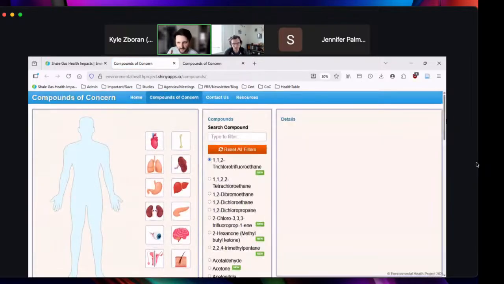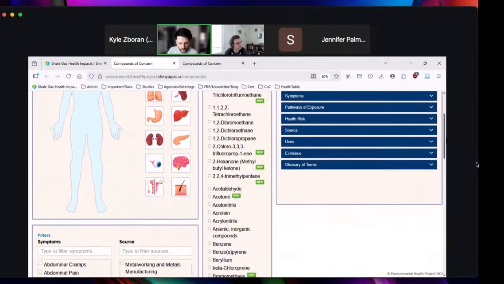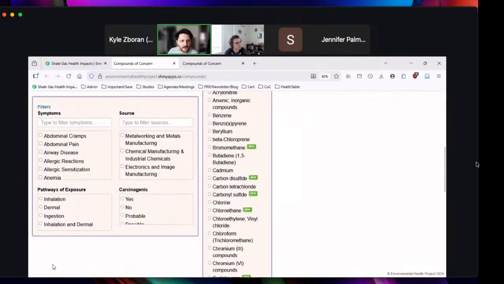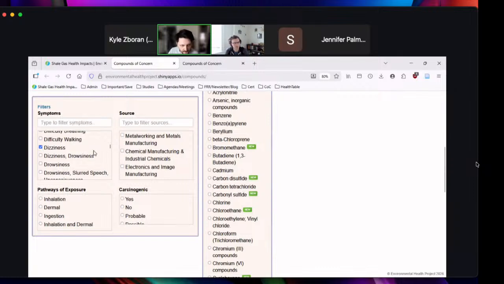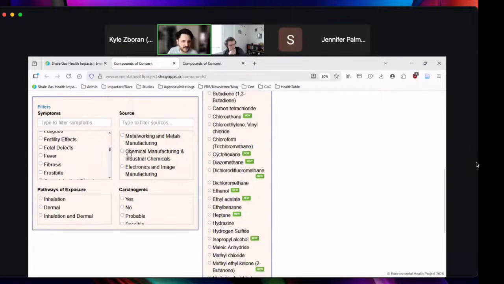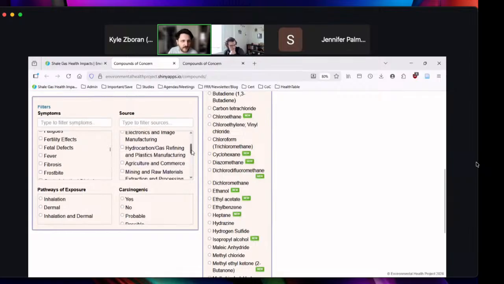Back in here. The final way I would approach the tool is going down here to our filters. So maybe you're just interested in specific symptoms, like dizziness, I think, is one that comes up with a lot of these inhaled compounds. You're interested in dizziness, you can also filter by the industrial source. So we can do any compounds that have a symptom of dizziness and are related to oil and gas drilling.